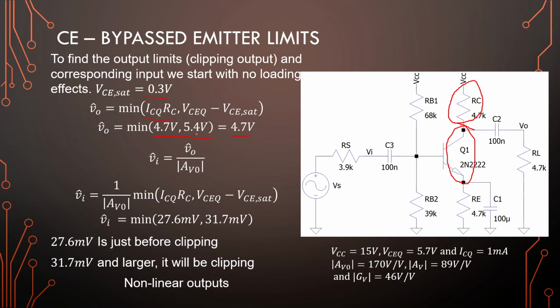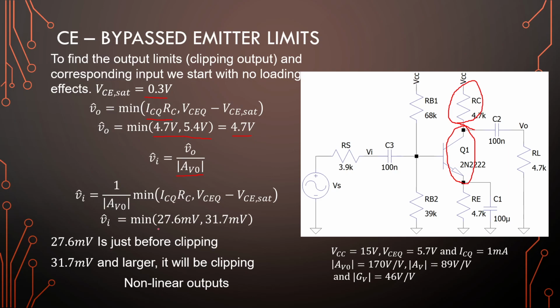Okay, so this first one we determined without the loads. So R load is infinite, RS is 0, and we are working with AV0, the maximum gain. To determine the corresponding input voltage, at this point Vin would be equal to Vs, we can just divide this minimum term by the maximum gain.